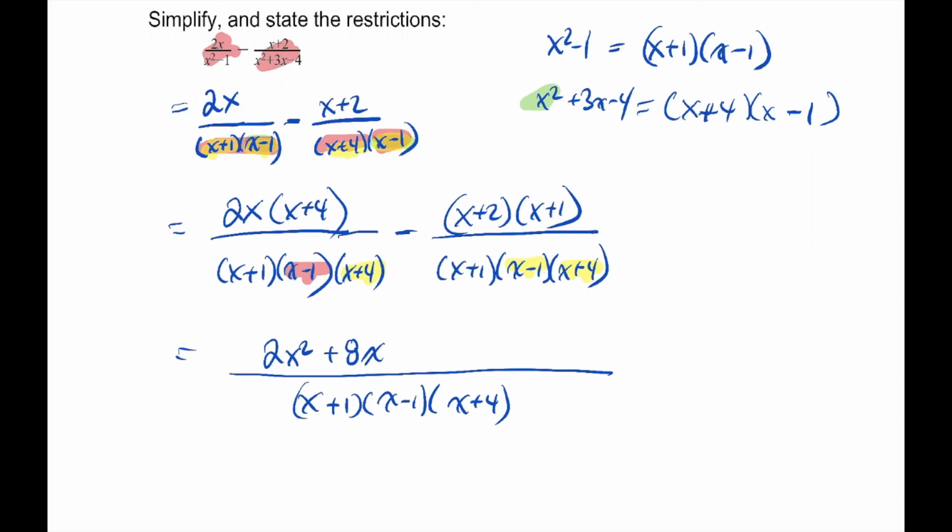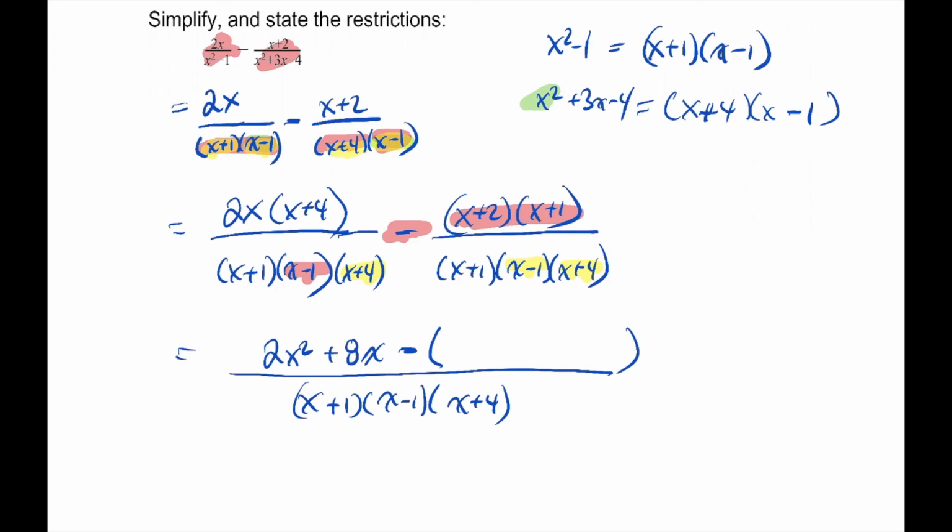Now we need to really take care when we subtract. Okay, when we subtract, because really we're subtracting this entire thing. So what we're going to do is a bracket and a minus, and then we're going to bracket everything that we're going to expand here, because we're really subtracting that entire quantity.